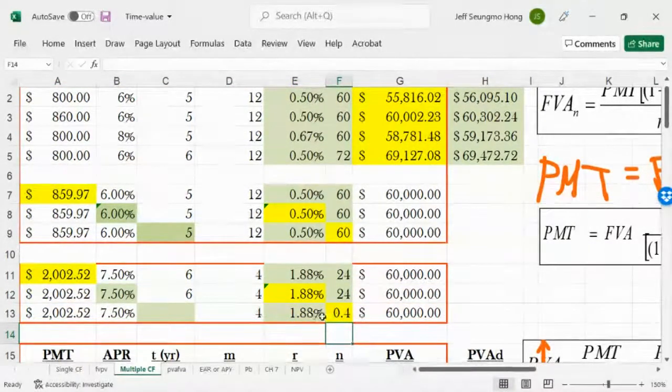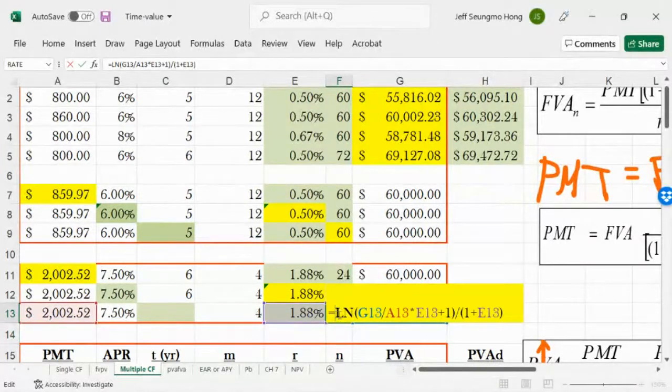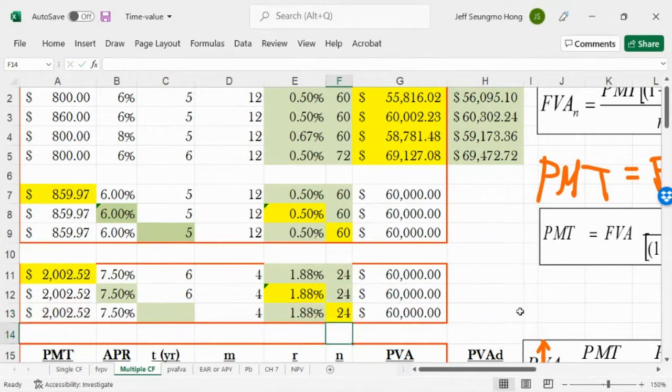Oh, something's not right. Where did I go wrong? Natural log of G13 over A13 times E13 plus 1. Oh, I forgot natural log. Natural log of E13, 1 plus E13. Hit enter. You get 24 exactly.